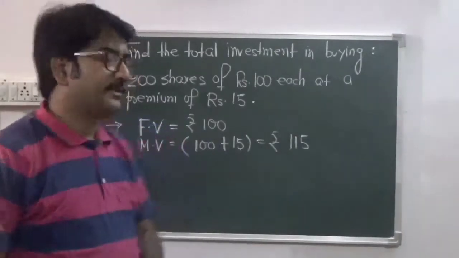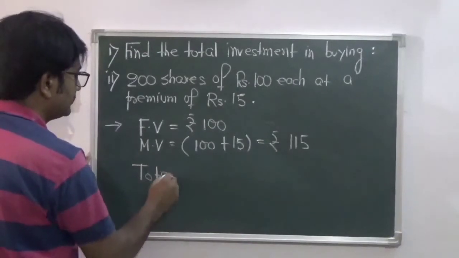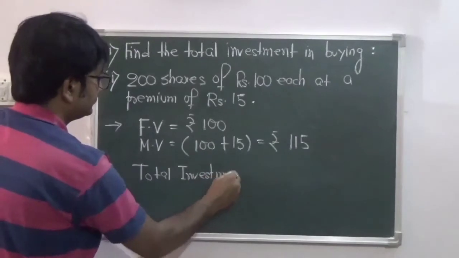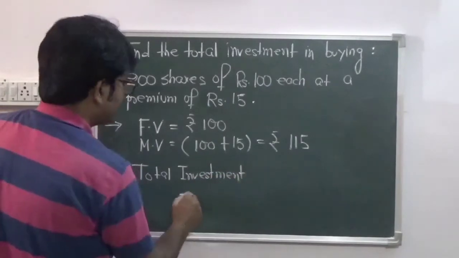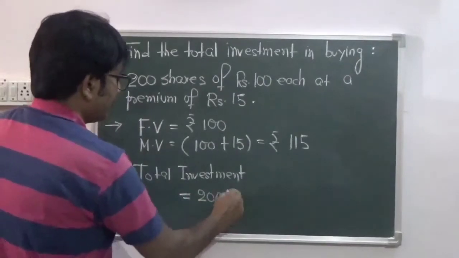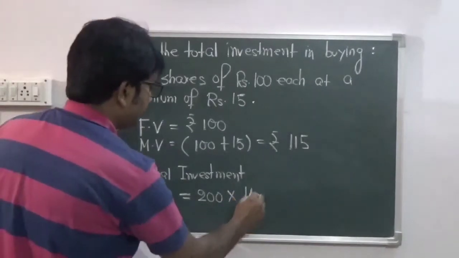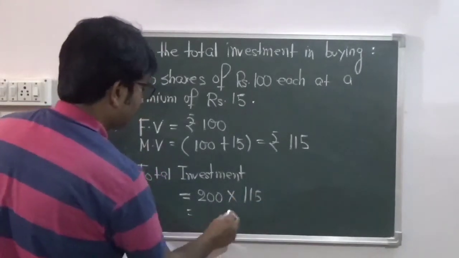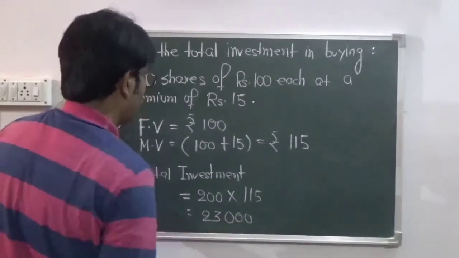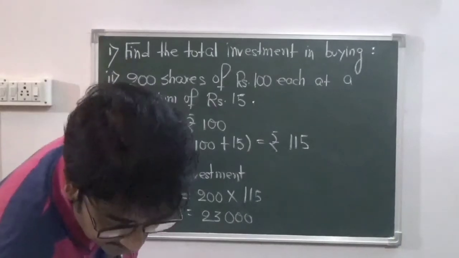Now the total investment is equal to the number of shares, that is given as 200, multiplied by the market value of one share, and that is 115. The answer is 23,000, right?